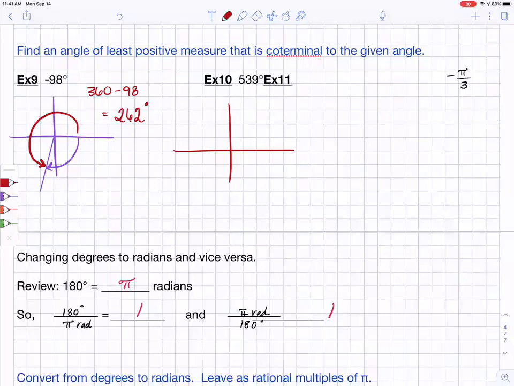Okay, so 539 is all the way around once and then around again all the way up to 179. So then what's the angle coterminal to that? And really, you've already given it to me. 179, yeah. So you did 539 minus a whole circle, 360, and you got 179.